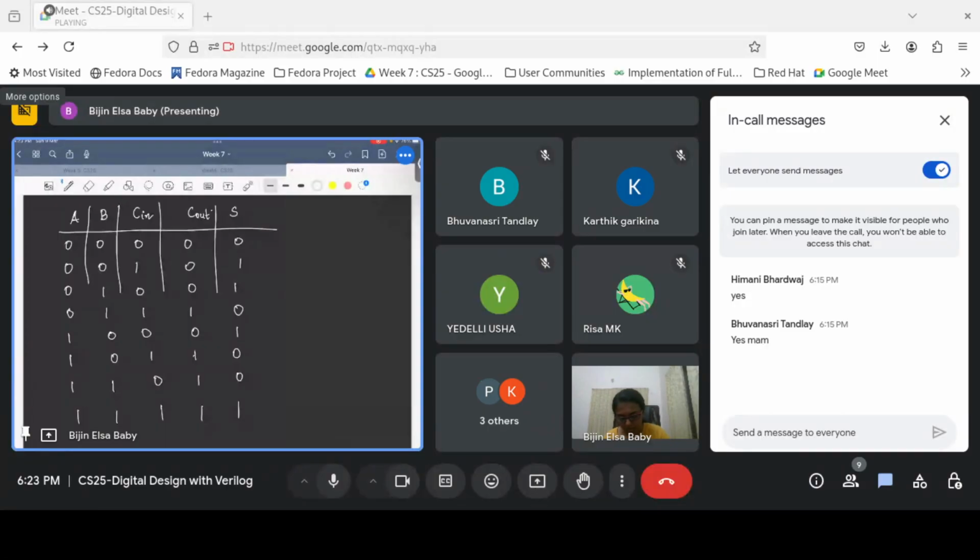So what can be the expression of sum? So this is the expression of sum.